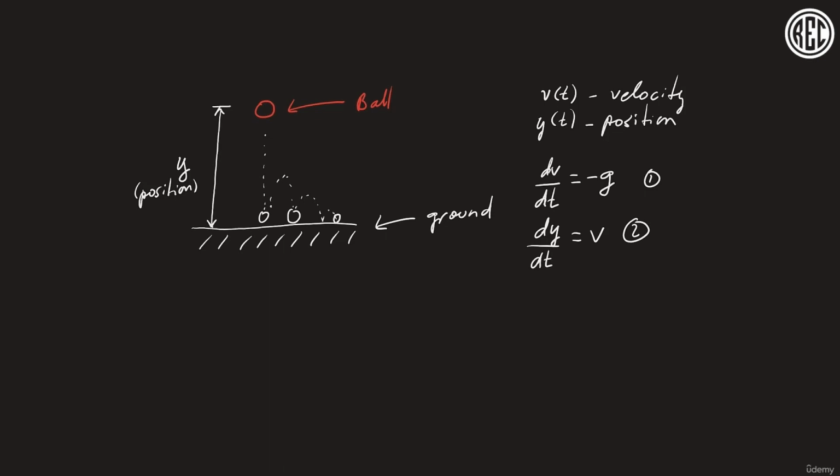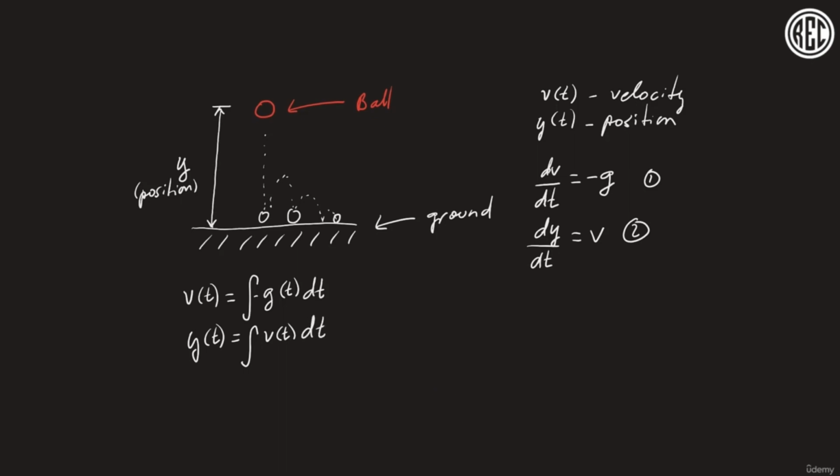If we integrate both sides of the equations, we would get the following. v of t is going to be equal to the integral of minus g dt. And same thing for the position y of t. The position as a function of time is going to be equal to the integral of the velocity v of t dt.